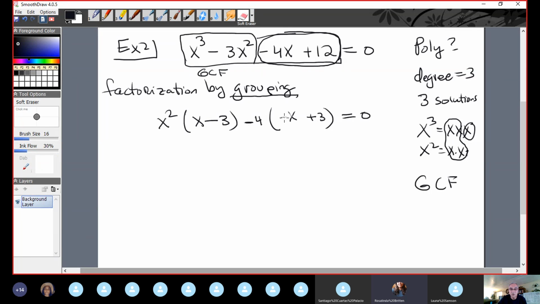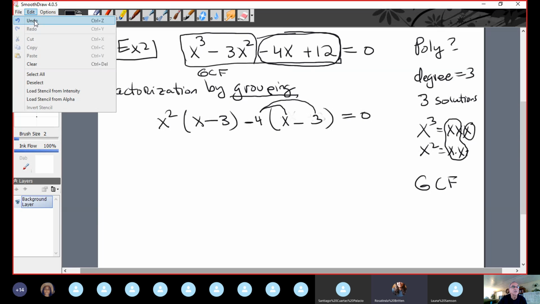When you factor out negative 4, it's obvious that x stays positive and 3 is negative. Let me check it just in case. Negative 4 times x is negative 4x. And negative 4 times negative 3 is positive 12, like it did.